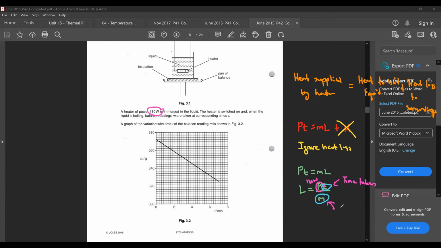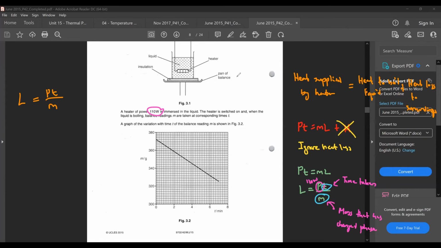Your m here is actually the mass that has changed phase, in other words, from liquid to gas. So you can actually make use of this equation directly: L = Pt over m. And then after that, you just read off some values on the graph.